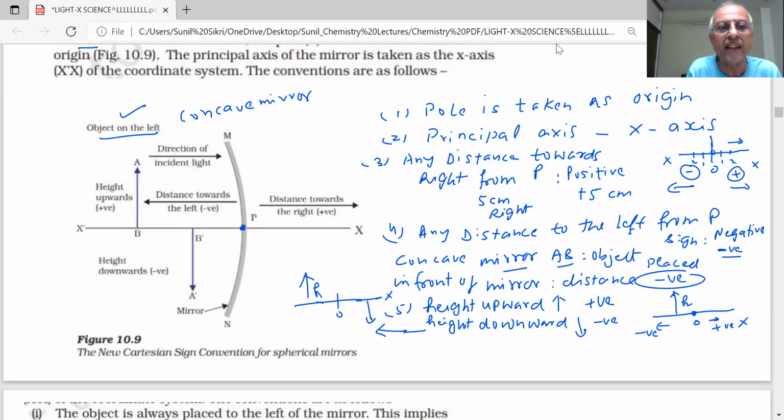Height above, anything which is above this axis, positive. If an image is formed, this is my image. This image is formed below the x-axis, yes or no? This will be taken as negative. Is it clear? Are you sure about what I said about the sign convention? Note it down. Very important questions are going to be solved on this.